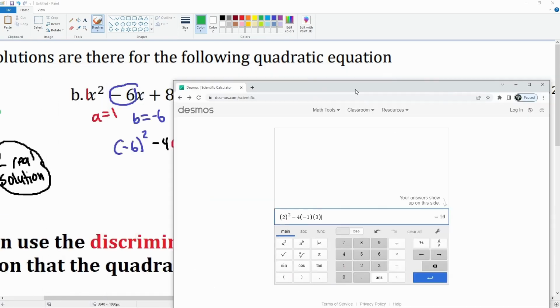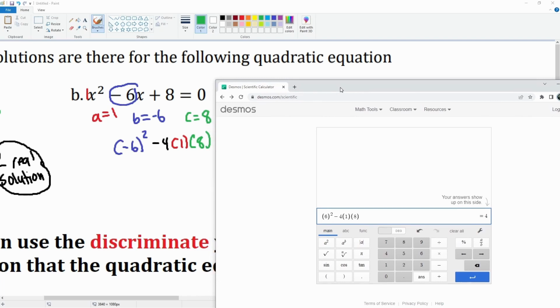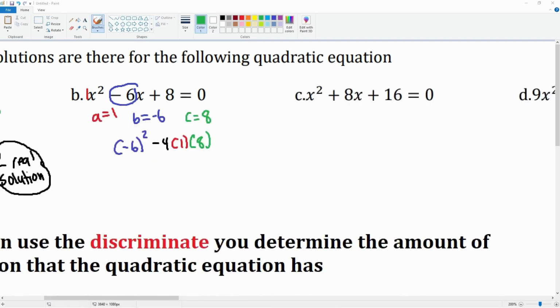So now all we have to do is plug it into our calculator here. -6 squared minus 4 times 1 times 8. Let's see. And it equals the value of 4. So here we can say that the discriminant is 4, which is positive. So there are going to be 2 real solutions. All right.